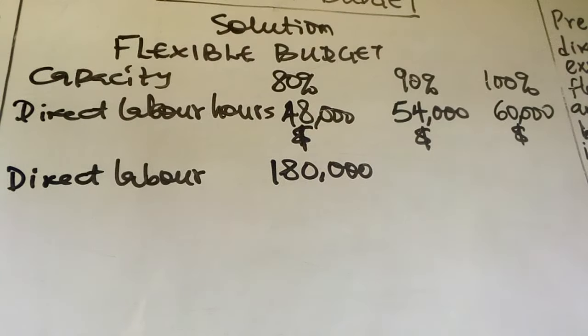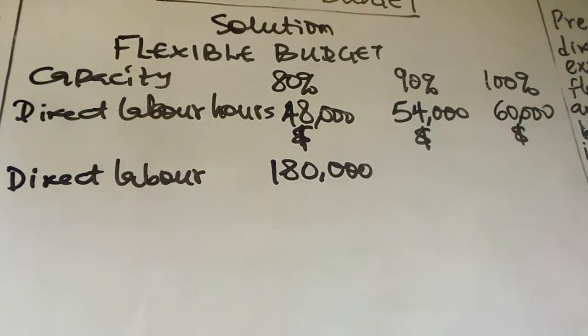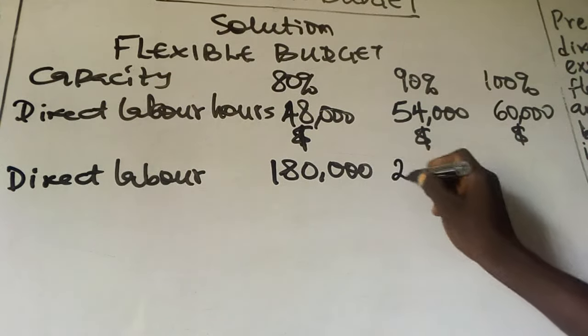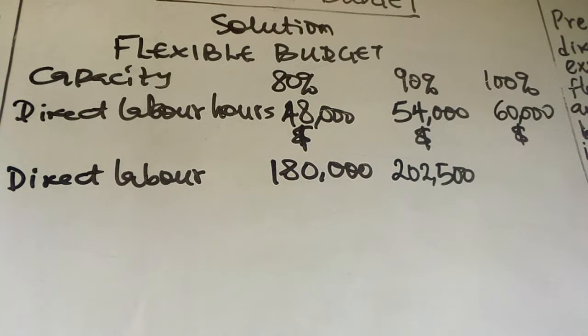For 90% capacity, you have 54,000 hours times $3.75, and that will give us $202,500. And for 100% capacity, which is 60,000 hours, 60,000 times 3.75 will give us $225,000. That is the direct labor cost.